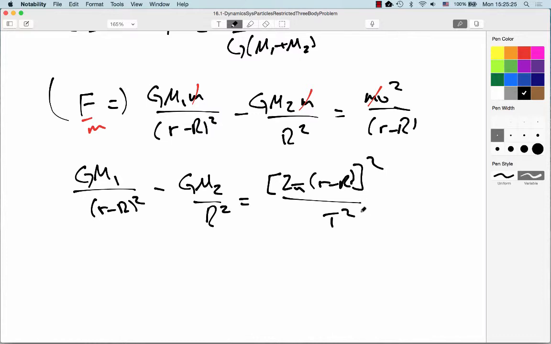Divided through by r minus r. Now it'll be helpful here to multiply both sides through by r minus r, like so.